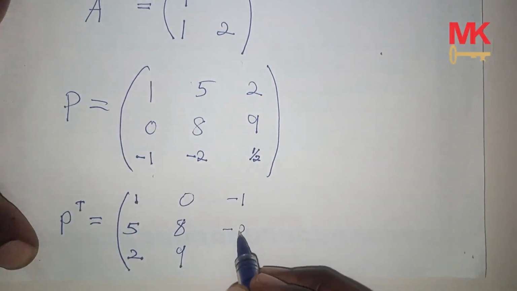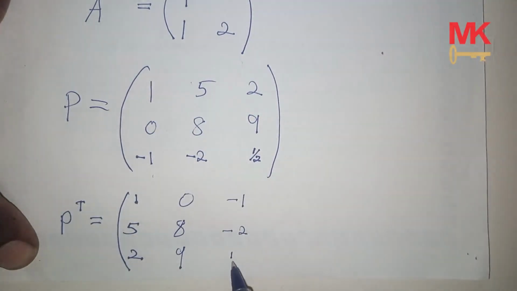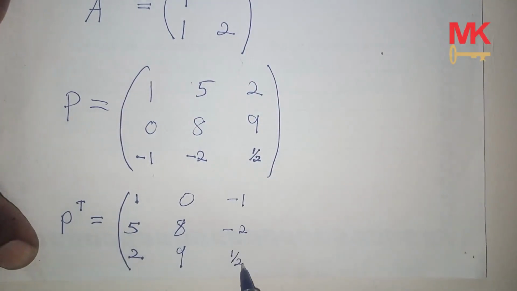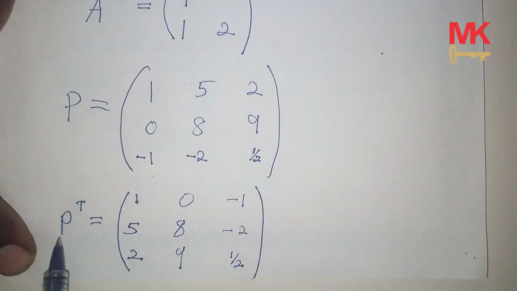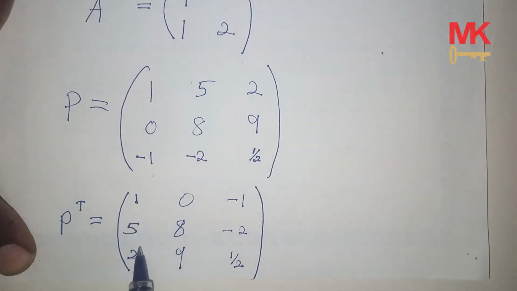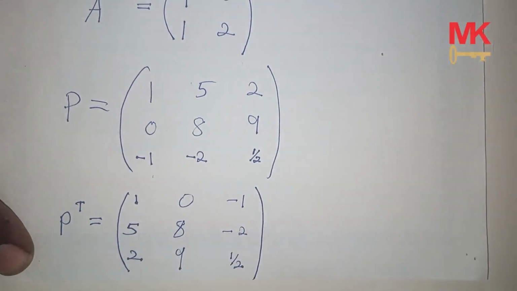So we've transposed the matrix P to be this. This is how you transpose a given matrix.